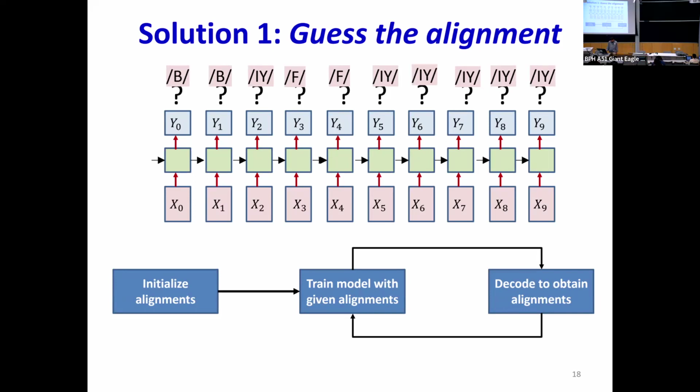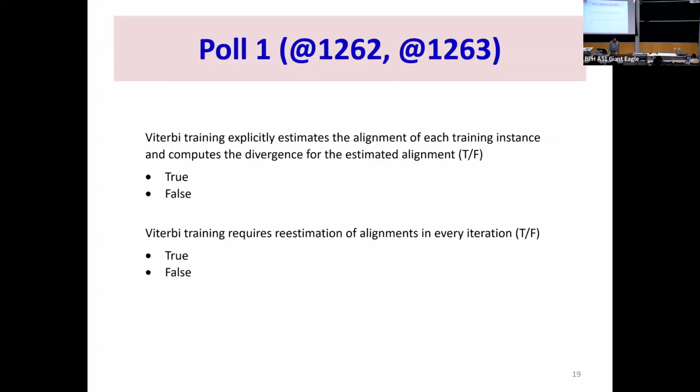And this works. This was the process of alignment, what we call the Viterbi alignment algorithm. And training, of course, is the conventional problem of training a recurrent network.